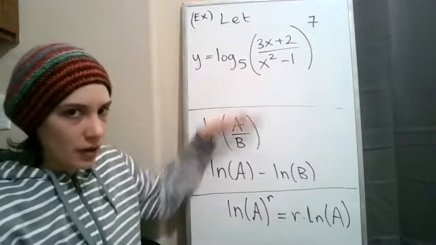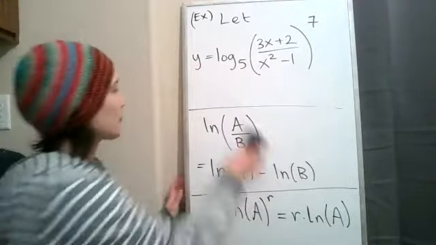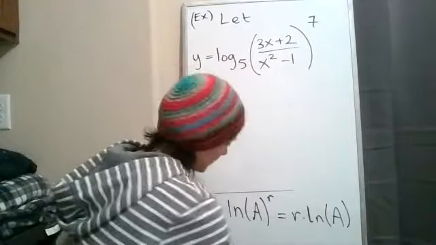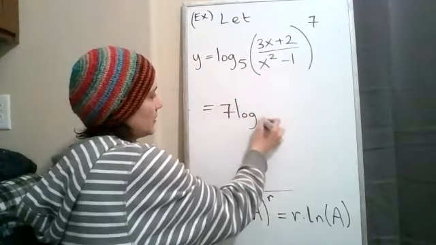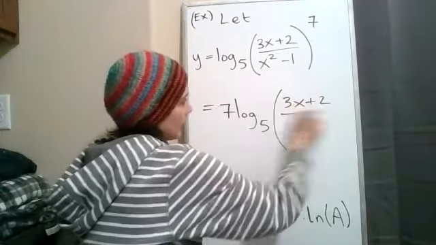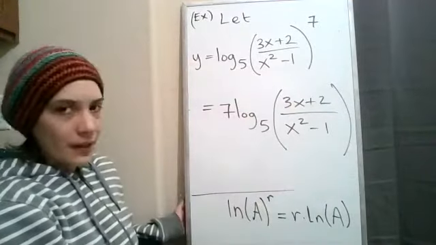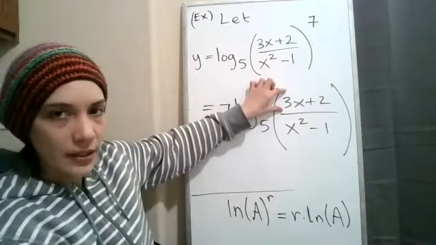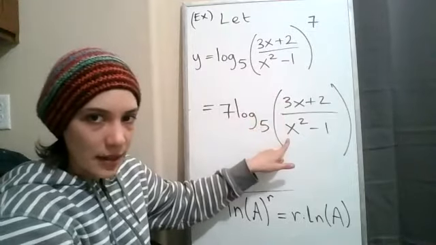So right now we're just going to use log rules, starting with bringing down 7. 7 log base 5 of 3x plus 2 divided by x squared subtract 1. Okay, and we're going to take that numerator, keep that same base, and subtract what's in the denominator.